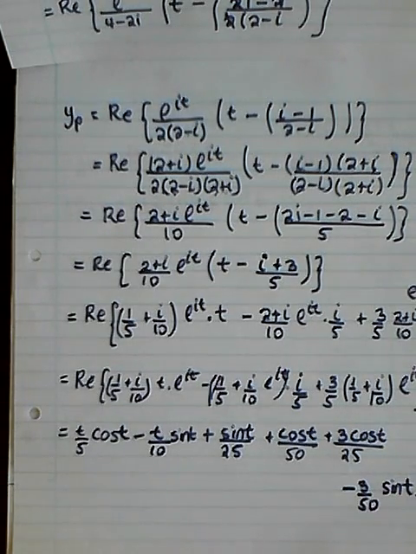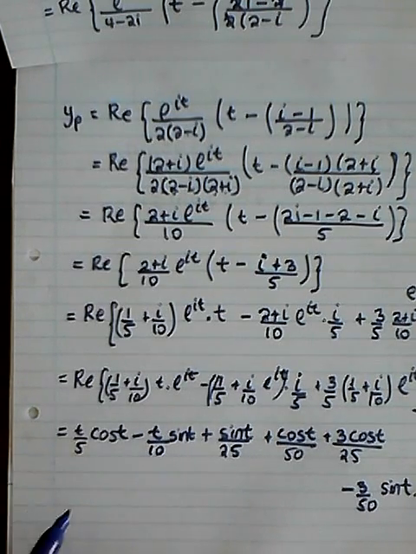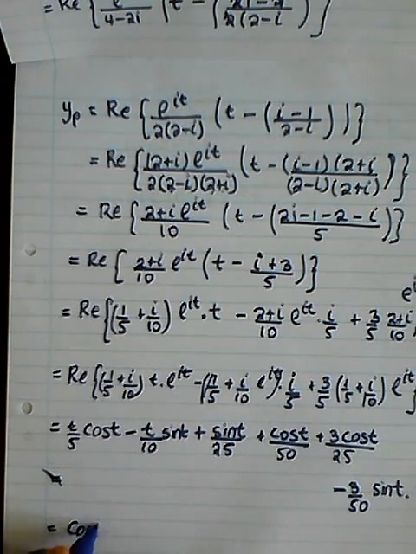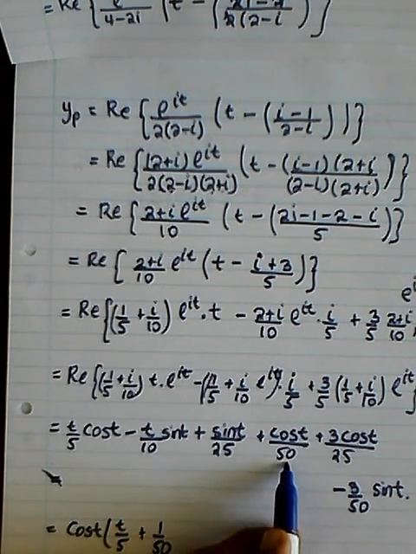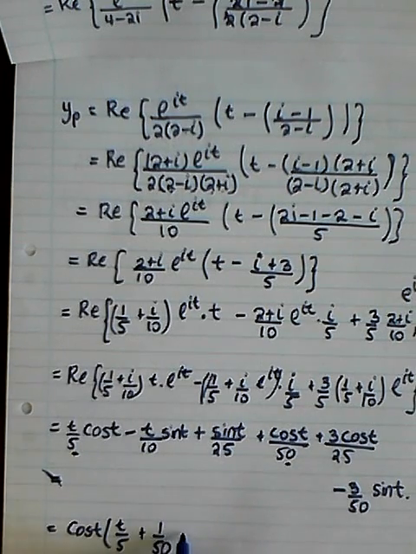Note that we can simplify this further to write it in the form of sine t and cos t. So with cos of t we have t over 5, and then plus 1 over 50, which is this one here, and then plus 3 over 25.